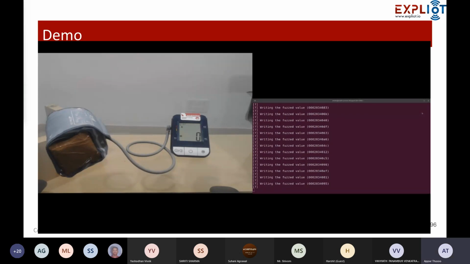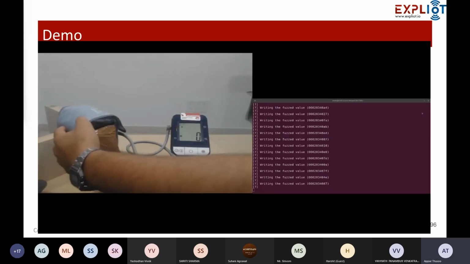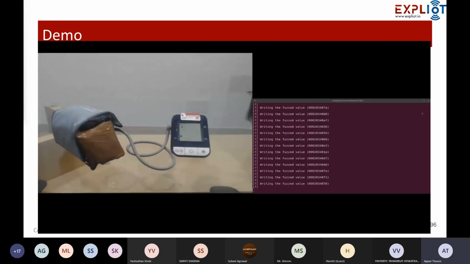Here the attacker is fuzzing a particular BLE handle, and this leads to no checks on the device, leading to air getting filled until the user or the attacker stops the attack. Otherwise, it just kept filling.